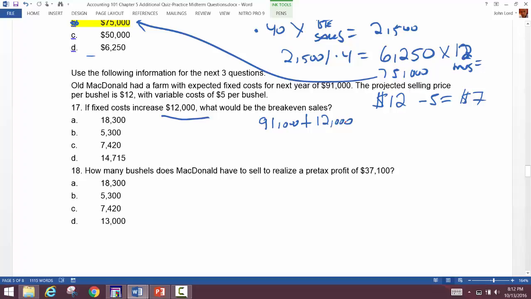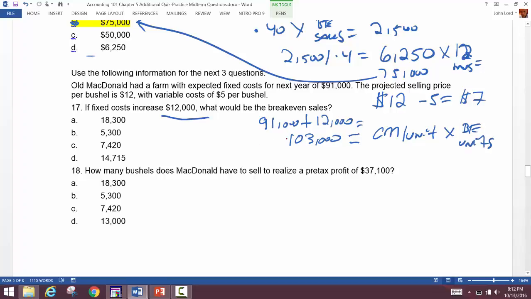So I take the 91,000 plus the 12,000. That gives me a total of 103,000. Thank you. So 103,000 has to be equal to, and I'm kind of violating my own rule here. I should have said what? Contribution margin per unit times my break-even units, right?